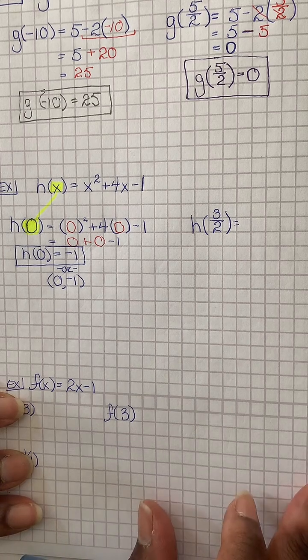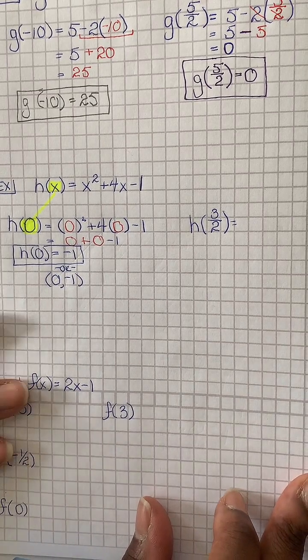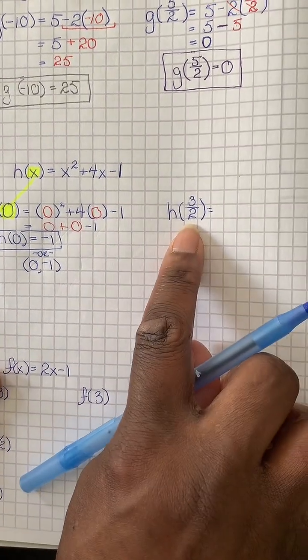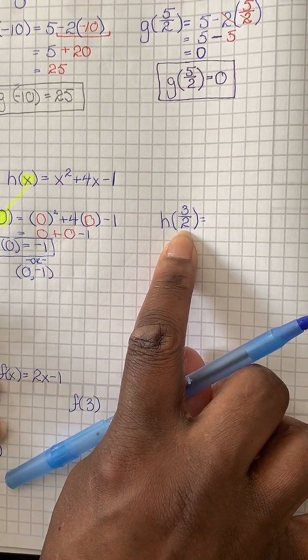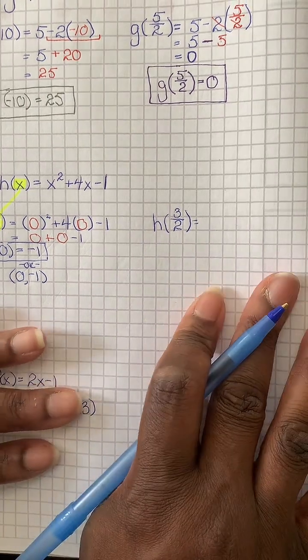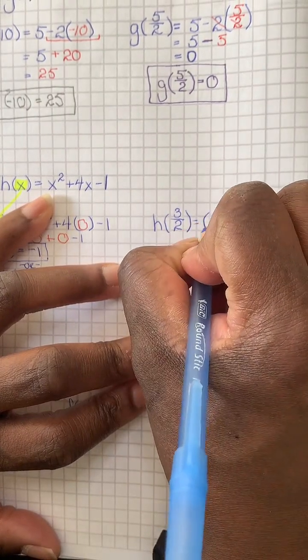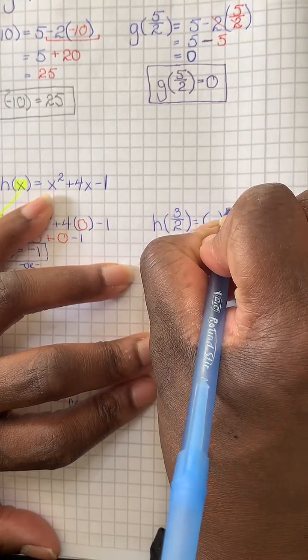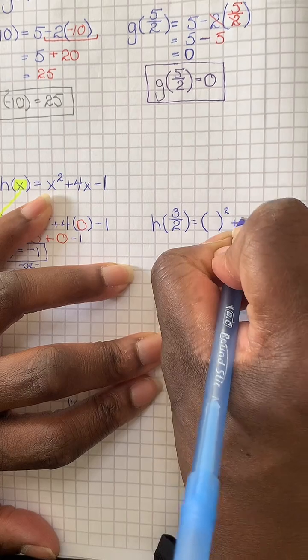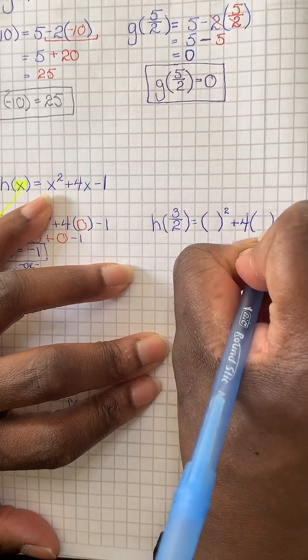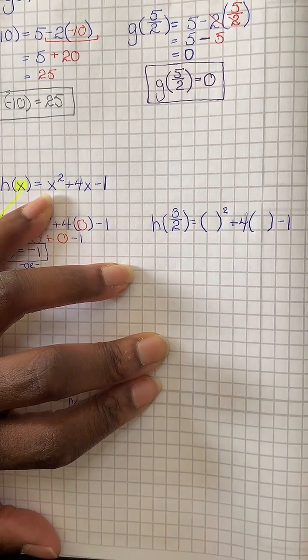So how I work this problem. Inside the parenthesis is 3 halves. So I'm using the same function. It's going to be something squared plus 4 times this minus 1.